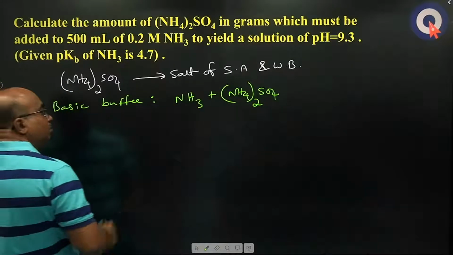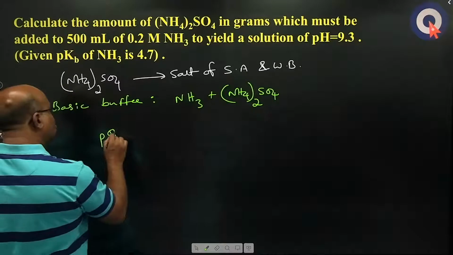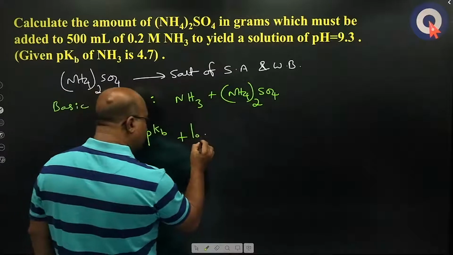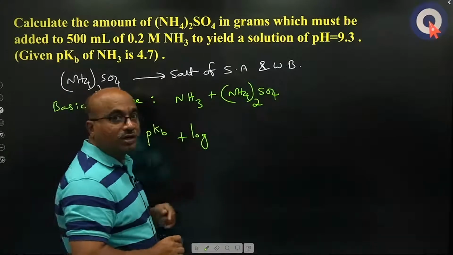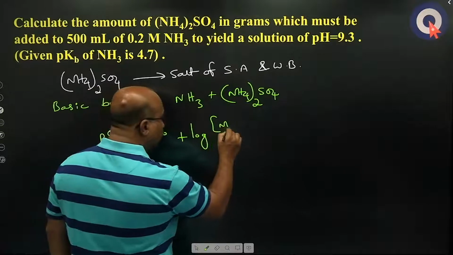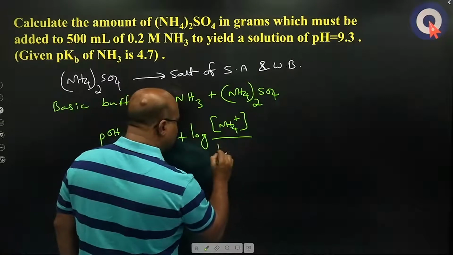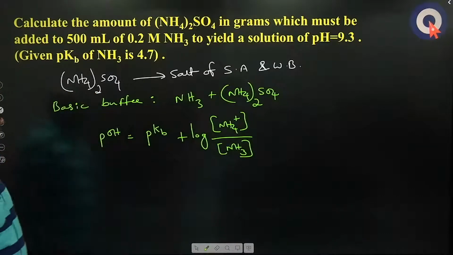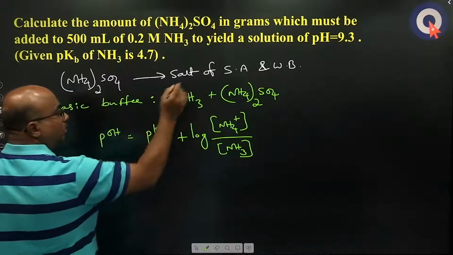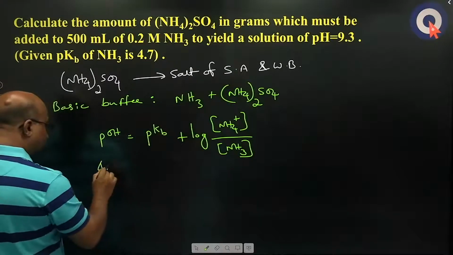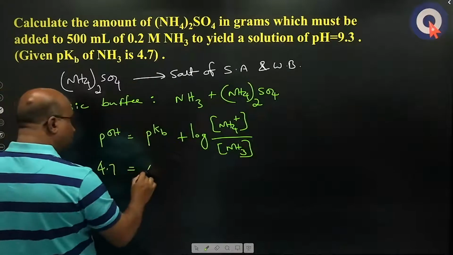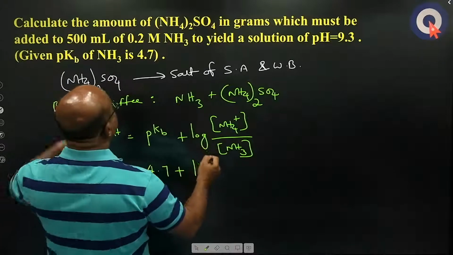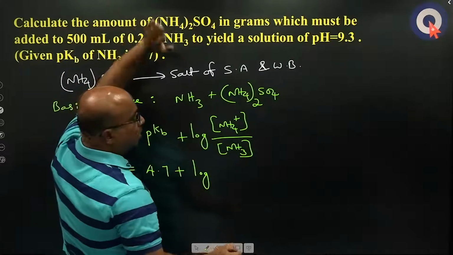For buffers, pOH should be equal to pKb plus log of the conjugate acid concentration, that is NH4 plus concentration by NH3, the base concentration. So pOH will be 14 minus 9.3, that is 4.7, and pKb is also 4.7, plus log of this ammonium ion concentration that we need to determine. From that we can calculate the ammonium sulfate weight.